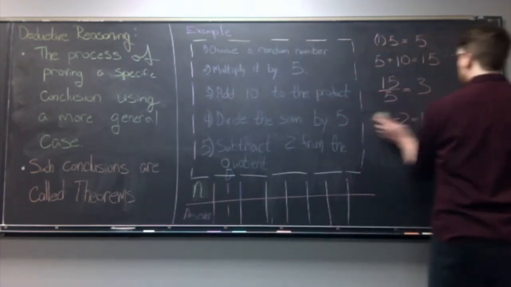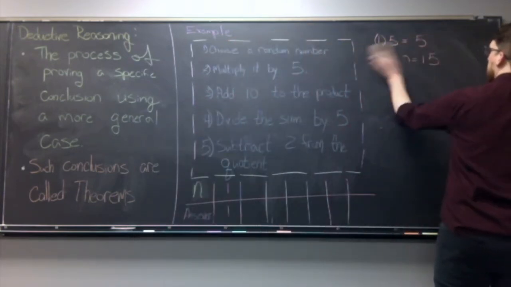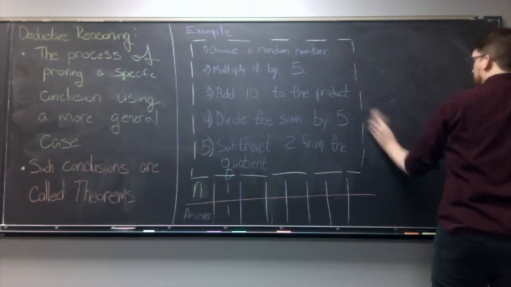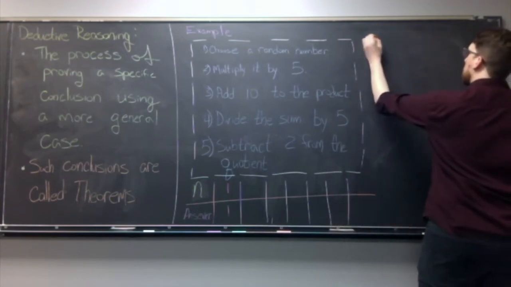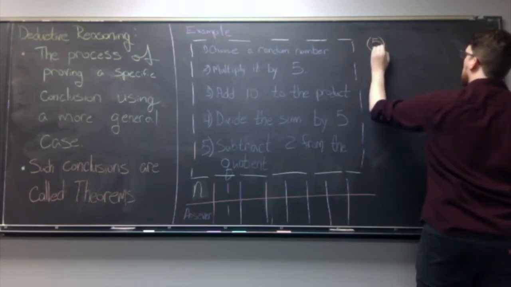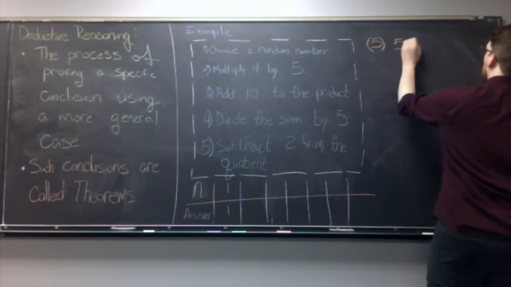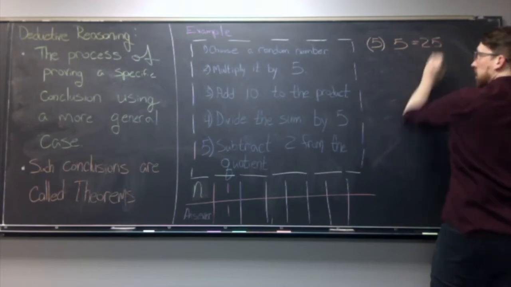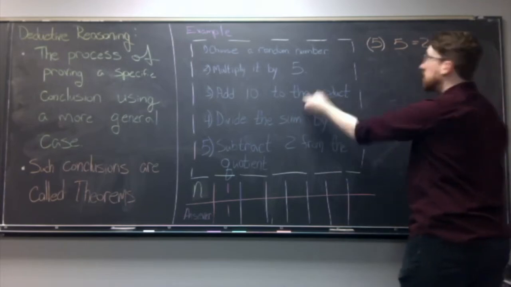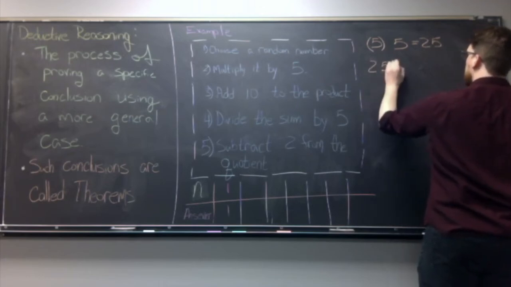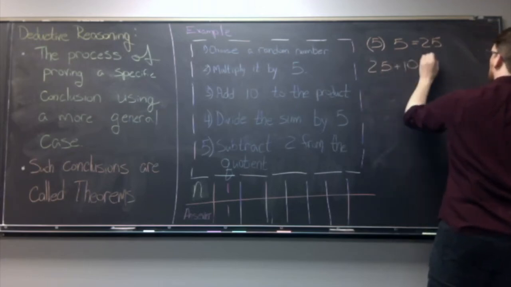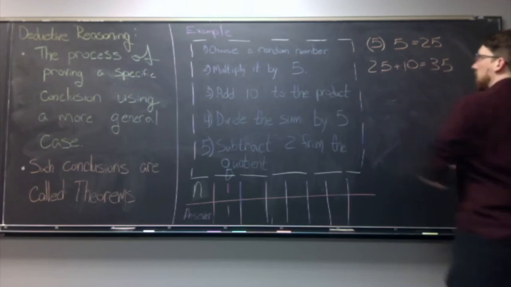All right, let's try another value. This time, let's try 5. We start with 5, we multiply by 5, we're going to get 25. Then we're going to add 10 to it. That's going to give us 35.